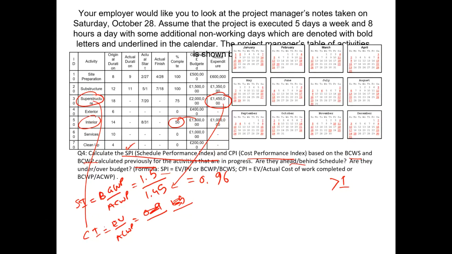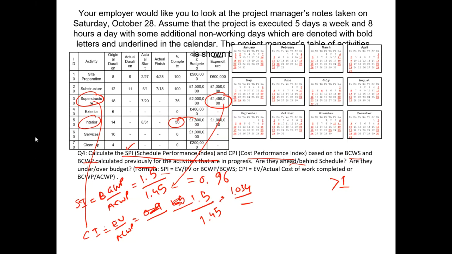In terms of the superstructure, we are calculating the cost index. So budgeted cost of work performed was 1.5 million pounds, and the actual cost of work performed is 1.45, which will give us an answer of 1.034, which indicates that the activity is slightly behind schedule and over budget.